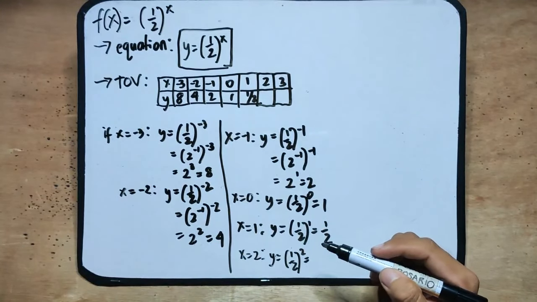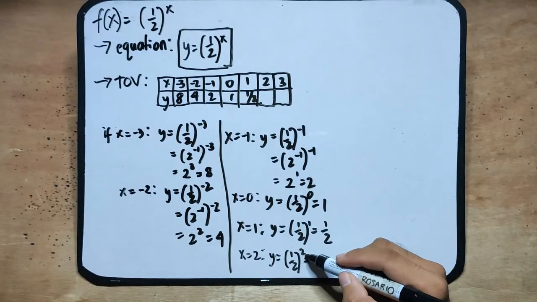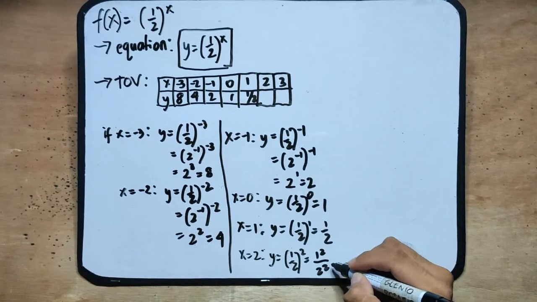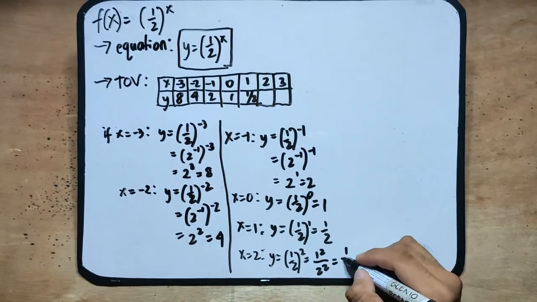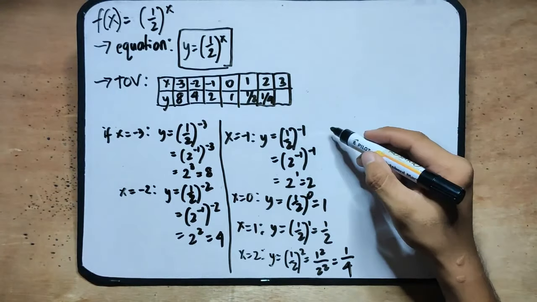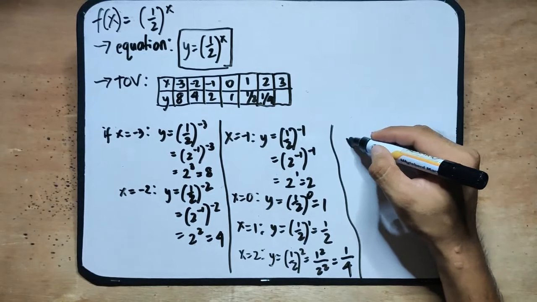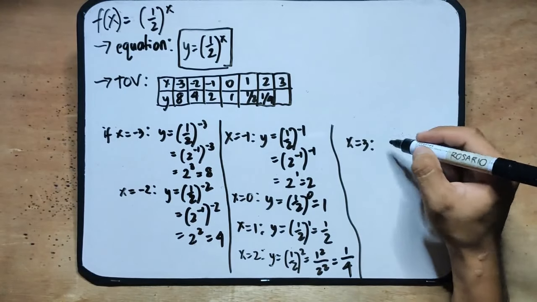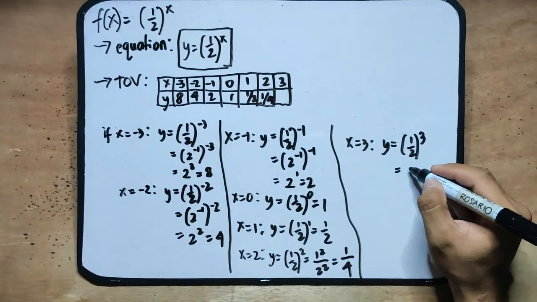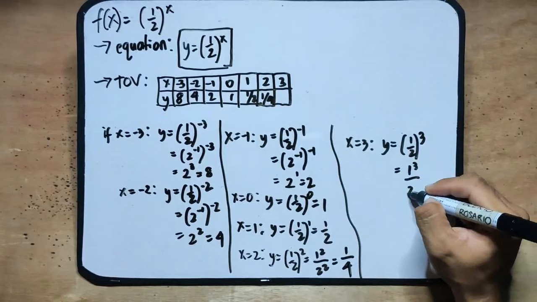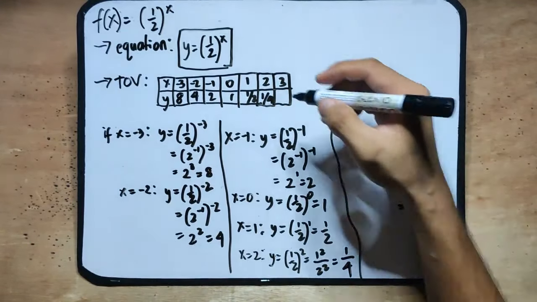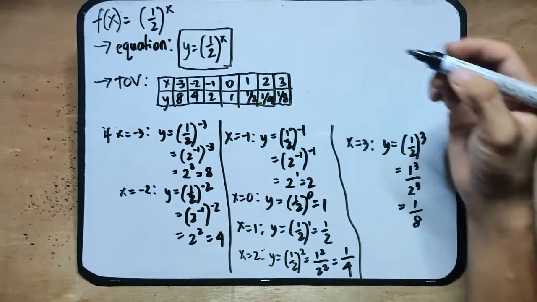Applying the law of exponent, pwede natin i-distribute yung exponent sa numerator at denominator. We have 1 squared over 2 squared. So that is 1 squared is 1, 2 squared is 4. So this is 1/4. And lastly, if x is equal to 3, then we have y is equal to 1 half raised to 3. So pwede i-distribute yung exponent sa numerator and denominator. Simplifying further, we have 1 cube is 1, 2 cube is 8. This is 1 all over 8.